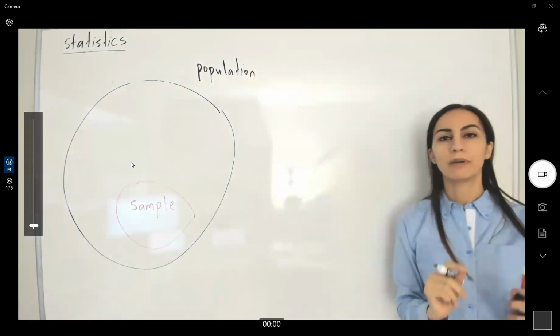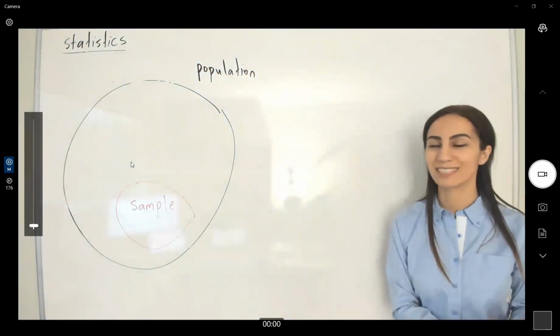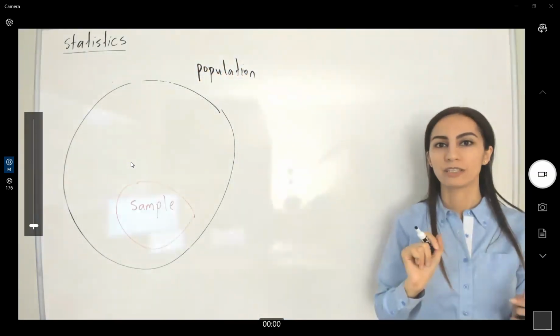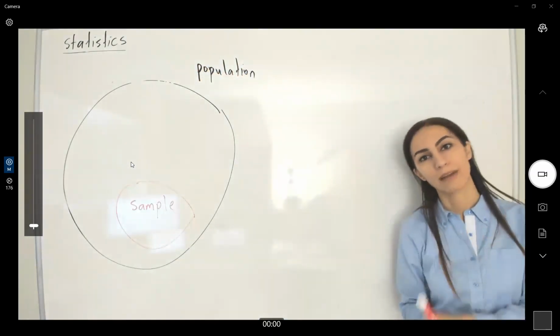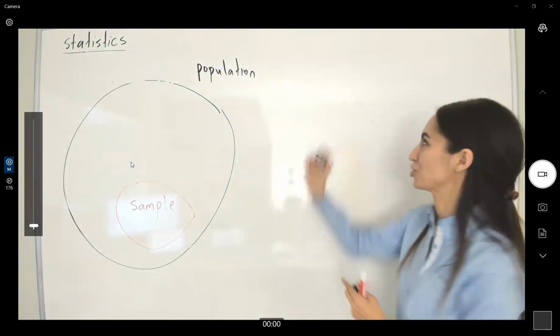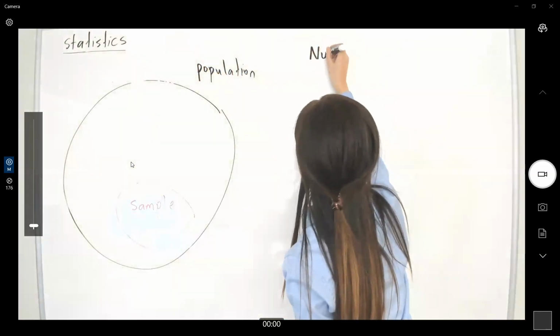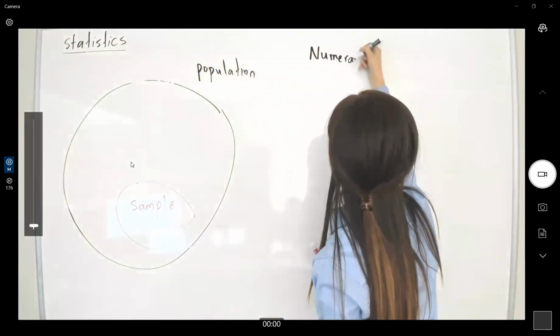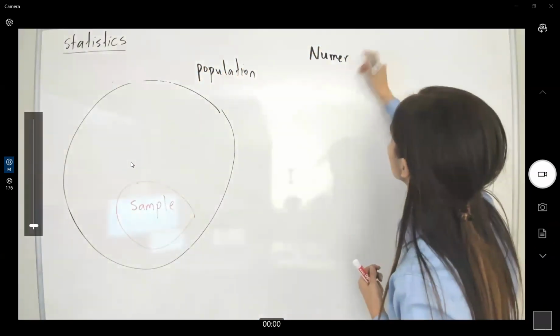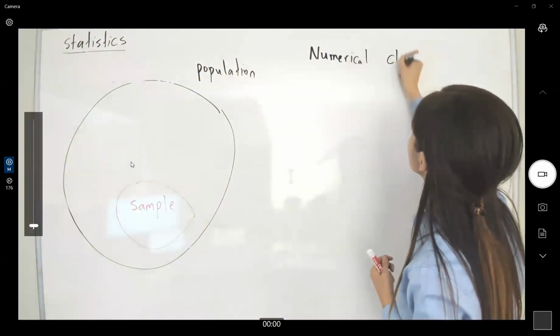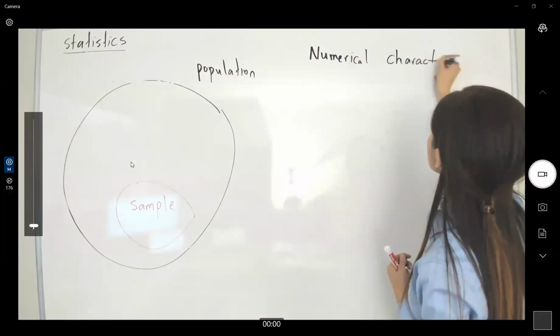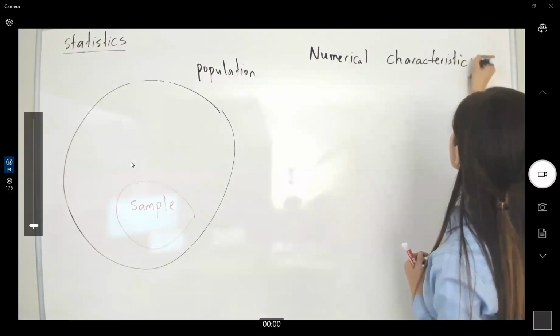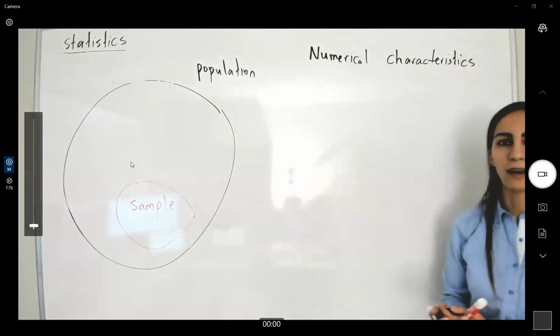Numerical characteristics for a population are called parameters of a population. What are numerical characteristics?